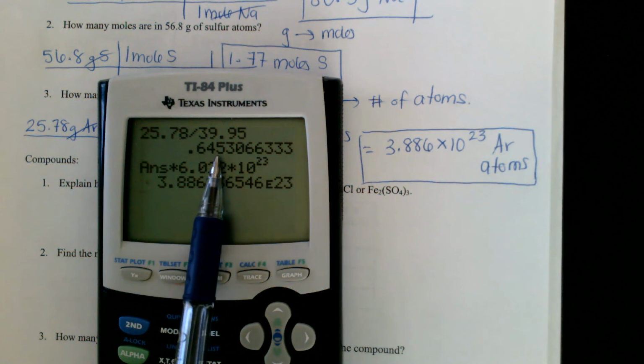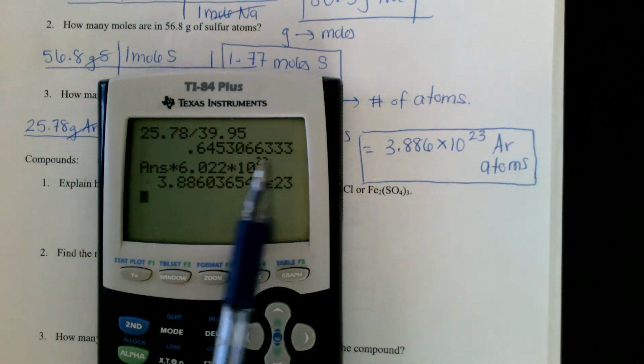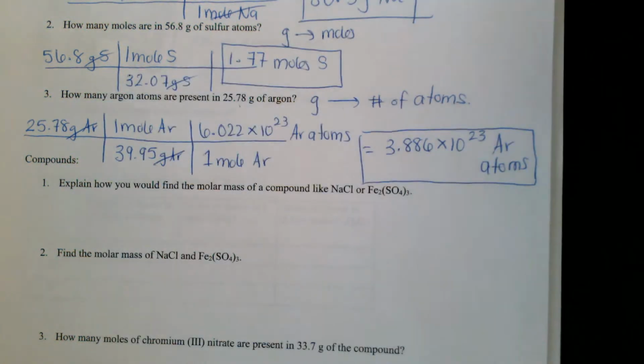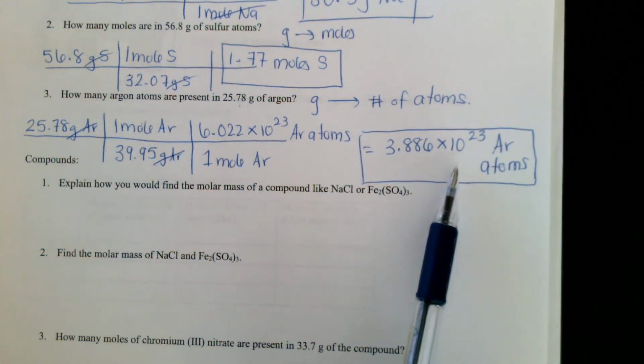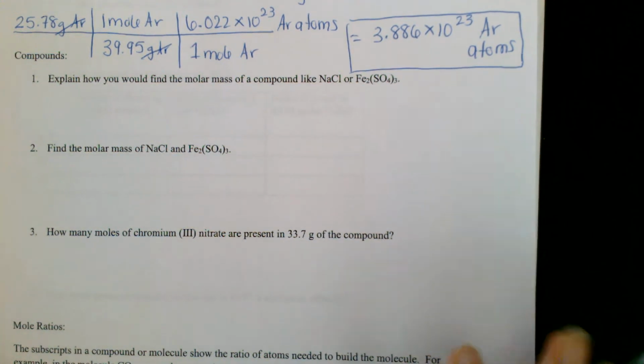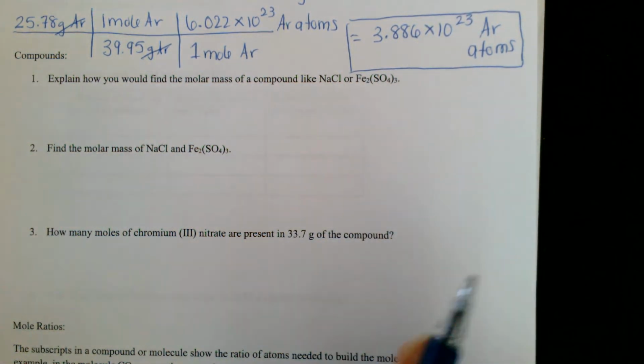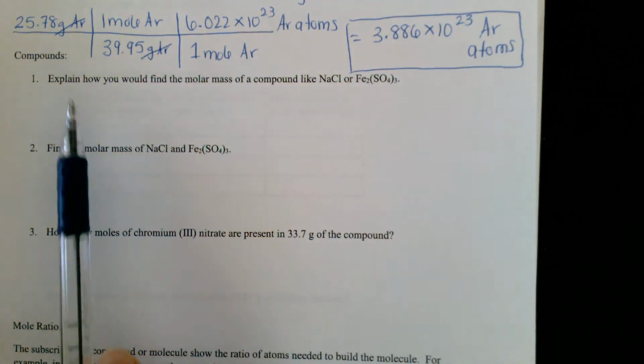So moles is our shortcut, where we can have a much better number than this one with the very large exponent here. So we're going to see moles much more often. Okay, so to finish this lesson up, we'll look at how this applies to compounds, and then we'll save the last of this for another lesson.